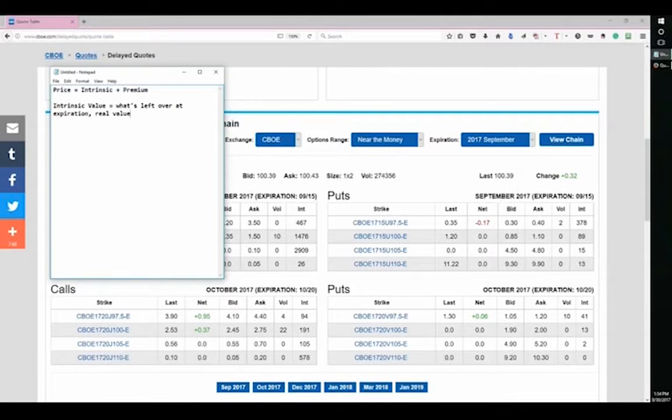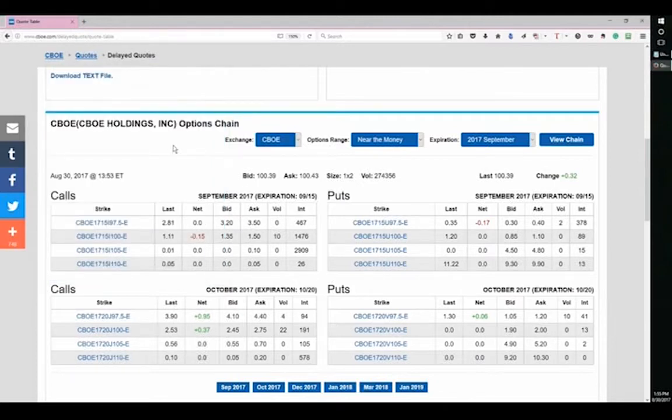You can calculate the intrinsic value at any time by taking whatever the underlying security is trading at, for instance CBOE is currently trading at $100.39, and subtracting out the strike price, because that's how far you're in the money. In this case, I'm 39 cents in the money. That's the intrinsic, or real, value of this option at expiration. At expiration, this will be worth 39 cents.